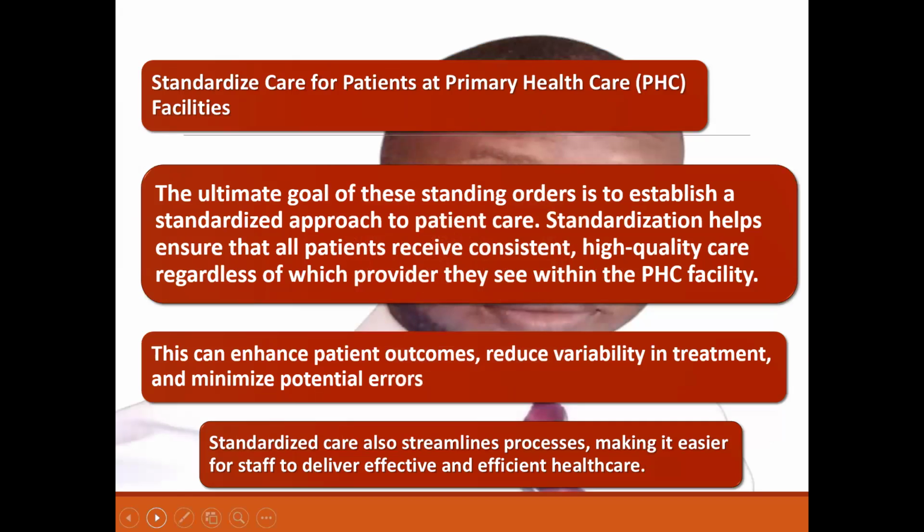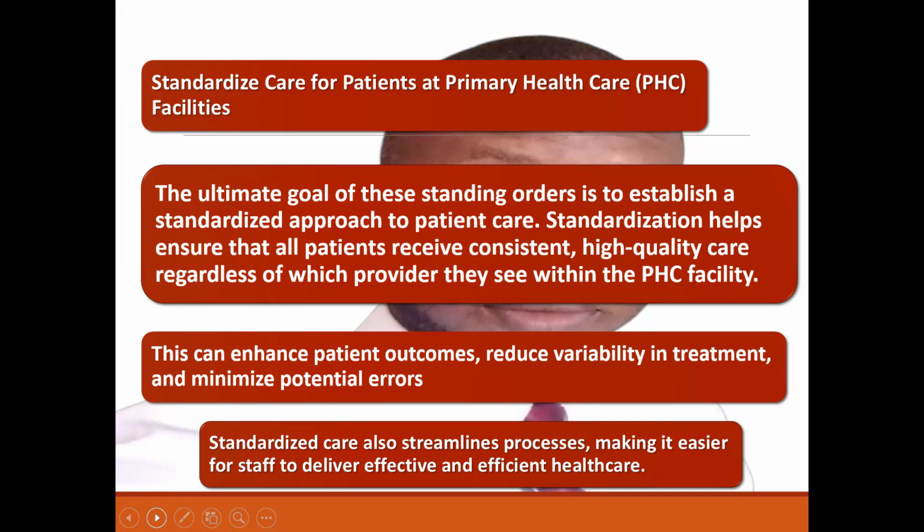The last part of the definition says standardized care for patients at primary healthcare facility. The ultimate goal of the standing order is to establish a standard approach to patient care. Standardization helps ensure that all patients receive consistent, high-quality care, regardless of which provider they see within the PHC facility, because it provides a specific guideline.